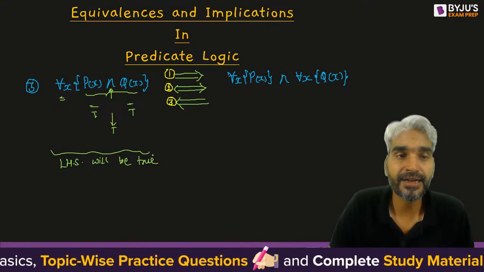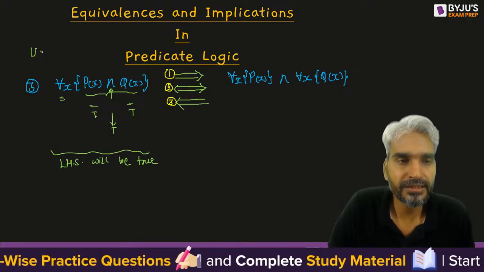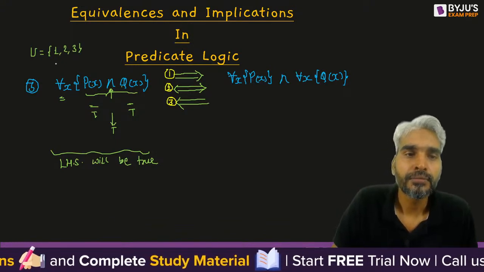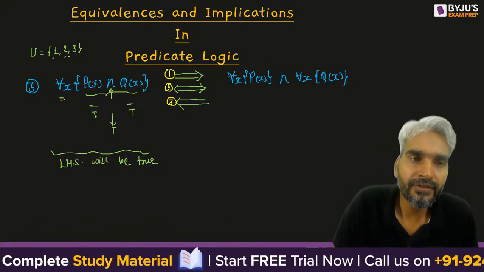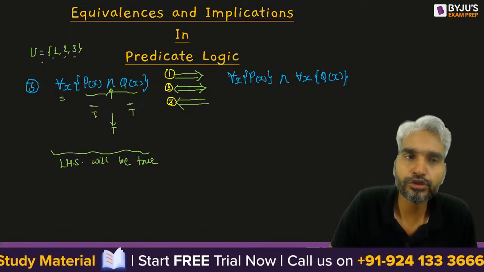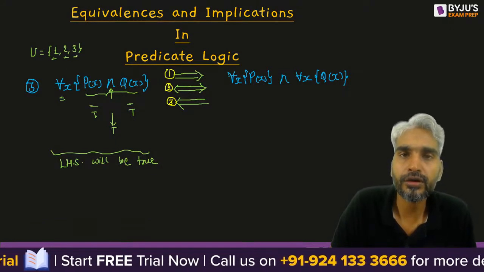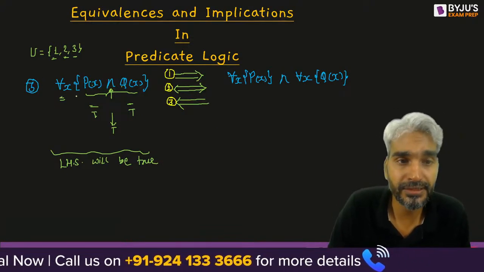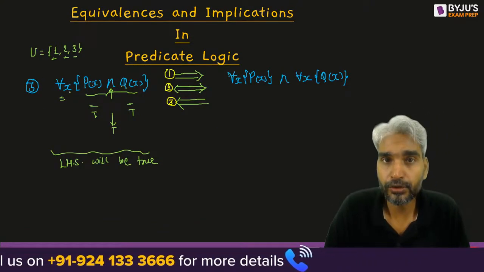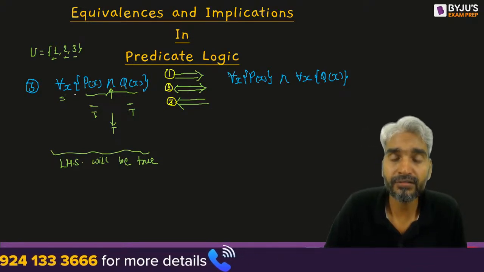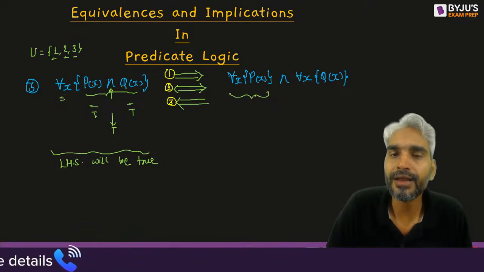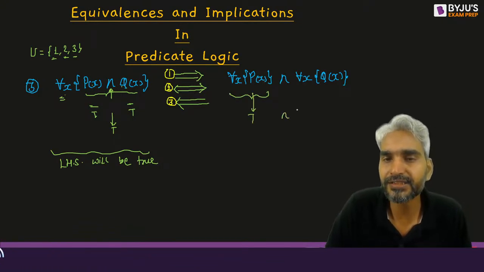So if you say that universe is 1, 2, 3, then for LHS to be true, P should be true for all the values of x as well as Q should be true for all the values of x. Now tell me, in the same scenario, if we are saying LHS is true, means both P and Q are true for all x. So if both P and Q are true for all x, then P is true for all x will be true, as well as Q is true for all x will also be true.